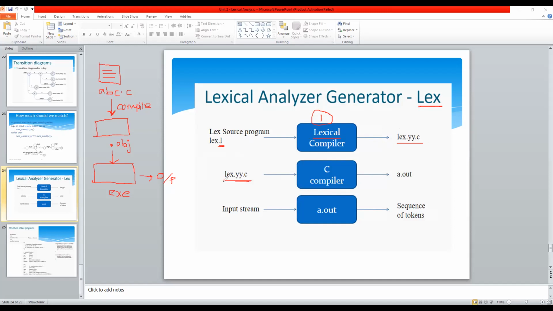Now we have the equivalent C program with us. The .l file I converted into .c, so now I have a .c program. Next I have to compile it as a C program with the C compiler. First the lexical compiler converted it into C; after the C compiler you will get a.out, which is your object code.